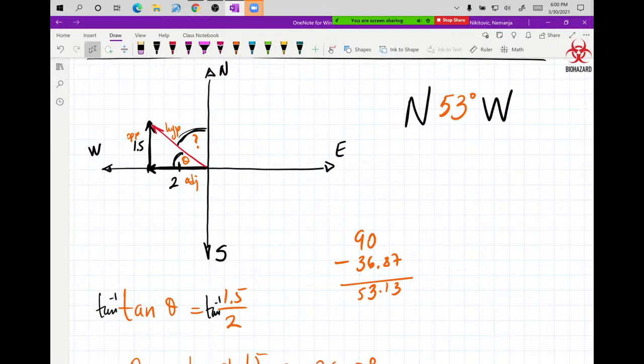That's it. So north 53 west, because it bends towards the left, which is west. Now, if it bends right towards east, then it will be north and then number and then east instead of west. So I would say it's really straightforward the way it works.